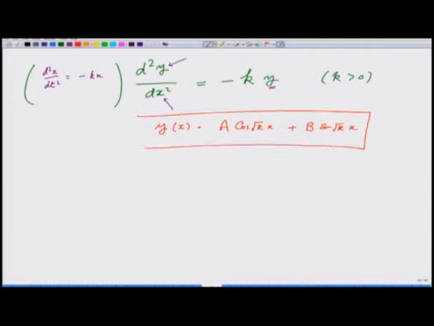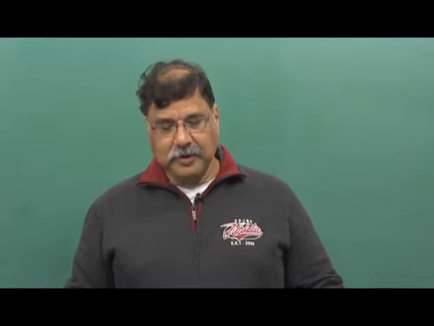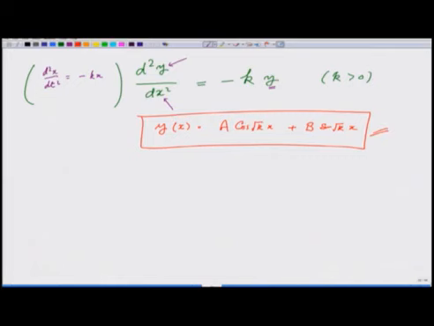So, what you have to keep in mind is that the mathematical structure of the equation, which in this case is that the second derivative of a quantity with respect to some other quantity is proportional to that first quantity itself, tells you that the solution is going to be a combination of cosine and sine terms.